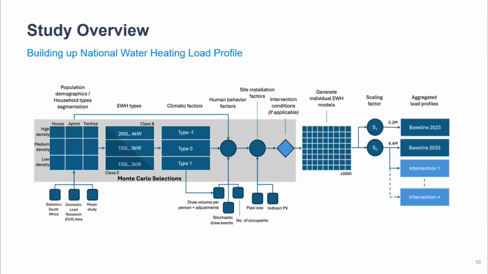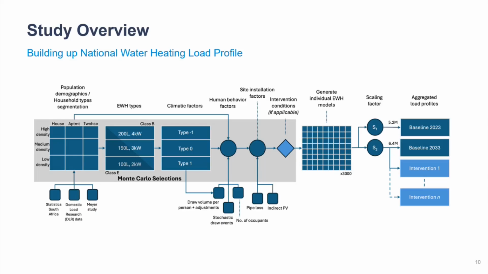We looked at the number of occupants, based strongly on the Mayer study, and the volume drawn from each of the tanks. That volume is highly dependent on the ambient temperature and the inlet temperature, but we ultimately move towards a 40-degree service level. So the volume drawn from the tank will change depending on what your inlet temperature looks like.